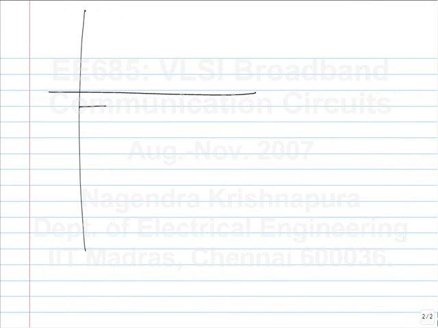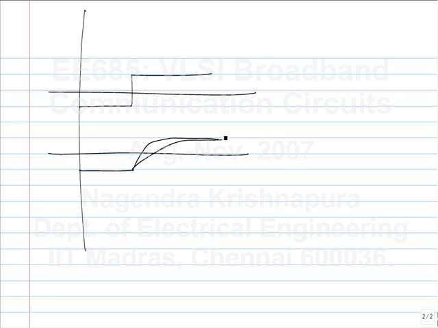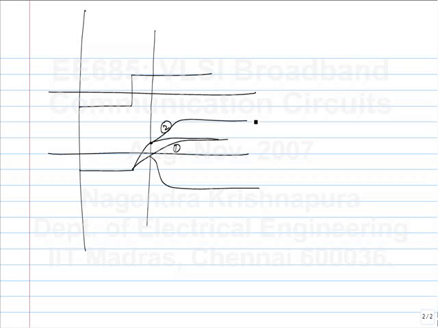So, when the D does this, the Q output will do something like this, and as you increase the GM, it will do this. Okay. So, let's say if the clock edge was here, it would not be able to latch the first case, but it will be able to latch the second case. The first case will regenerate and go in this direction, the second case will regenerate and go in this direction. So, by increasing the GM, you can reduce the setup time.